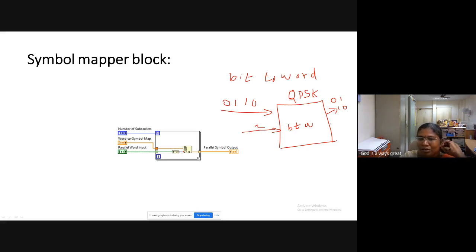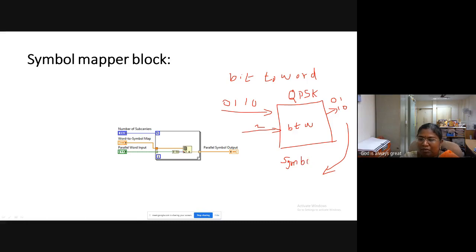Like that, you get an output from it. The bit to word output will be given to the symbol mapper. Then you have to map these words to symbols.